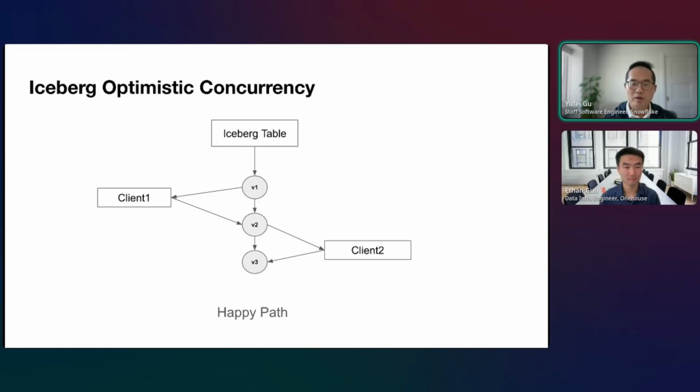And to commit that version, we don't lock the table. For example, client 1 picks up version 1 and makes some changes to commit as version 2. Then client 2 picks up version 2, makes some changes and commits as version 3. But they don't have to block each other.